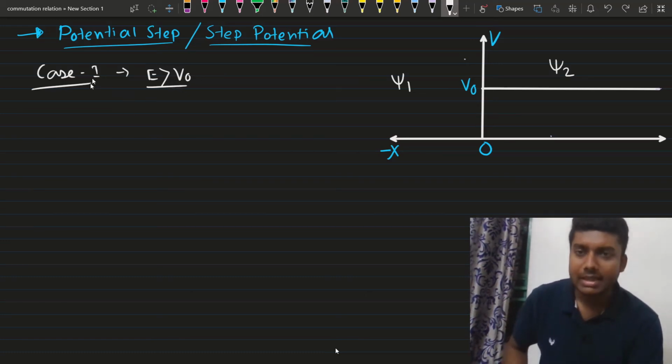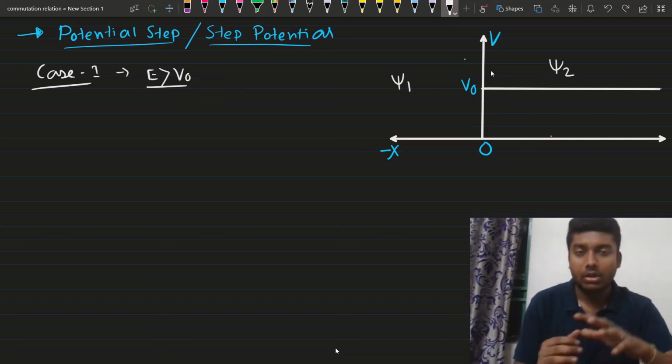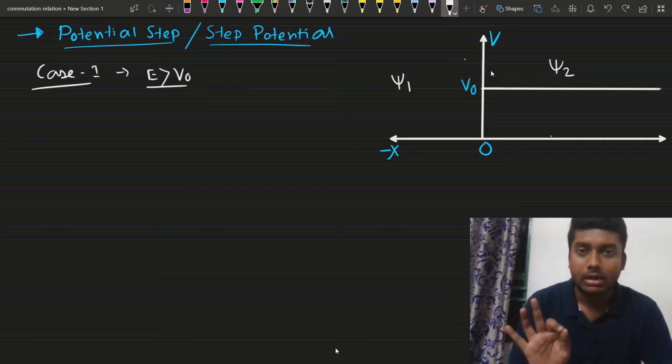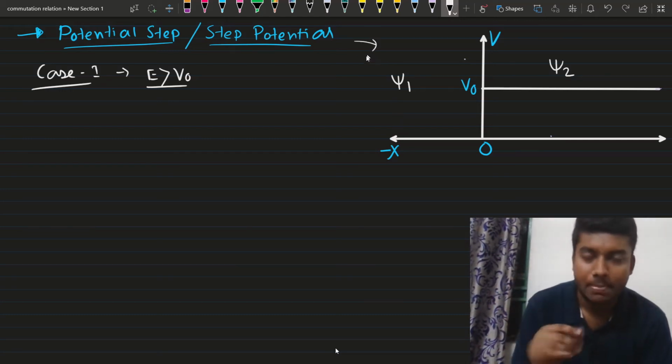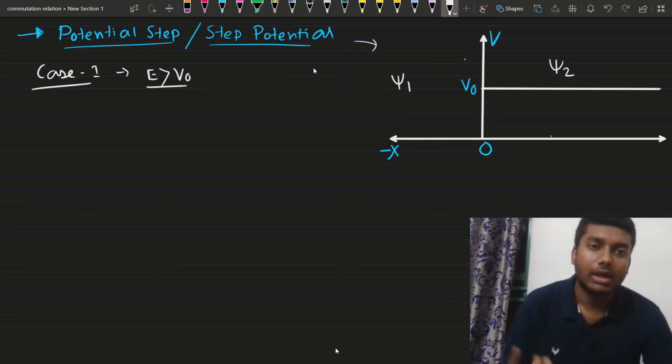In this case we have to find psi 1 and psi 2. Why? Because to understand all the properties of the potential step, all the behaviors of the particles in this potential step. So what does it actually mean? If we think of a classical potential step, then what happens?